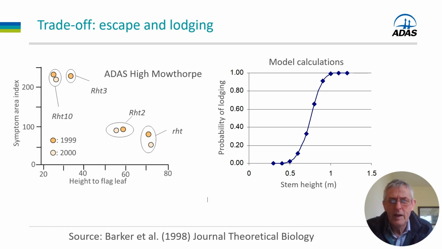So what this enables is a move towards what's known as the design of an ideotype, where the design of wheat can be optimized for a given environment, accounting for these types of trade-offs.